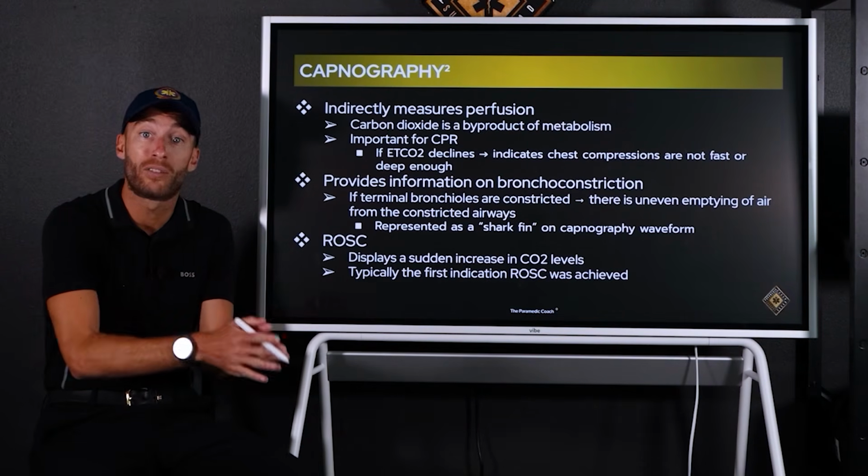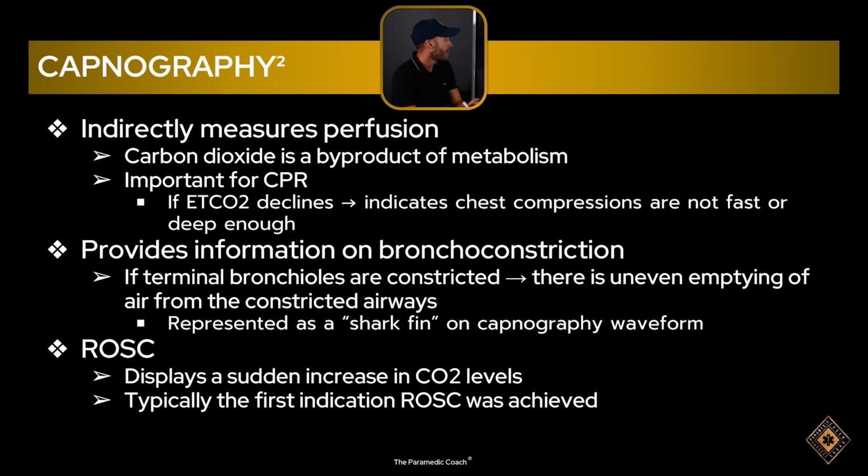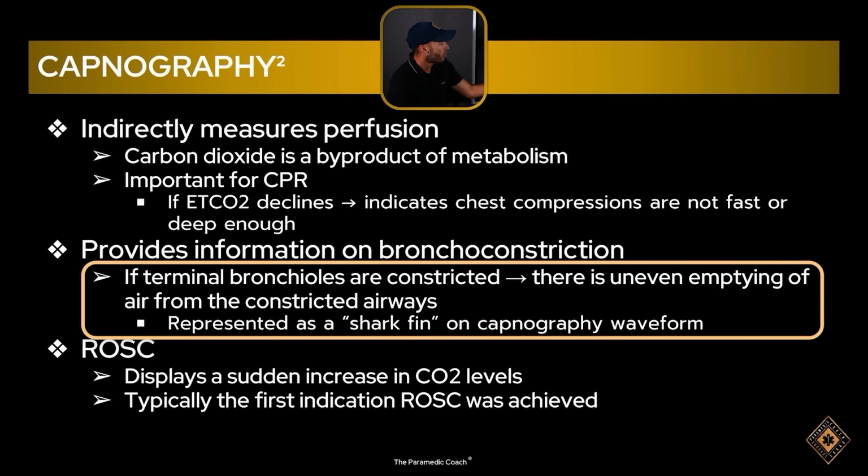Now on that point, if the terminal bronchioles are constricted, there is uneven emptying of air from the constricted airways. It represents as a shark fin waveform. I got a beautiful slide coming up. I'm going to show you all the different waveforms. You're going to know all of them. Let's go, right here on YouTube.